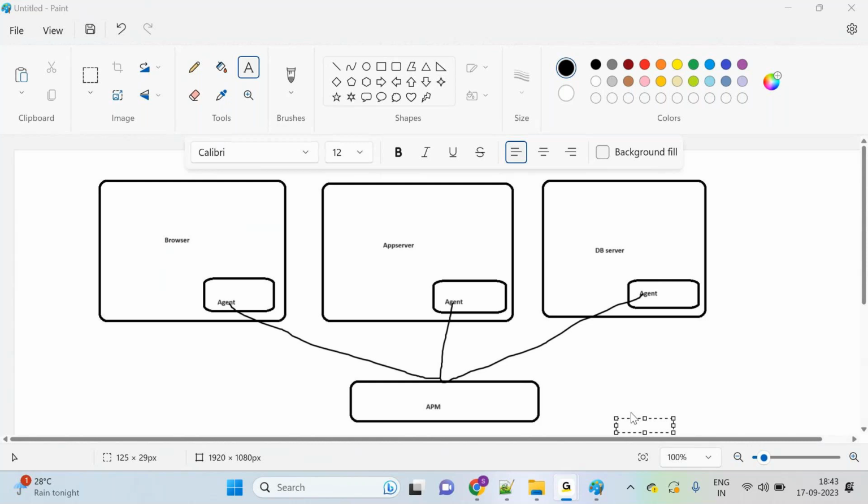Once configured, the agent will take control of the server, and whatever information it has to collect is collected, and that information is transferred to the APM tool. That is how it works. Are you able to understand?